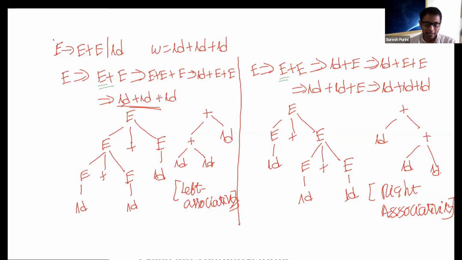But all programming languages, as far as we know, usually give left associativity semantics to expressions. So we want to lean towards the parse tree and AST that is on the left hand side, where we are giving left associativity semantics to the input expression.